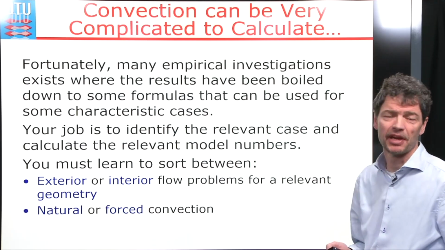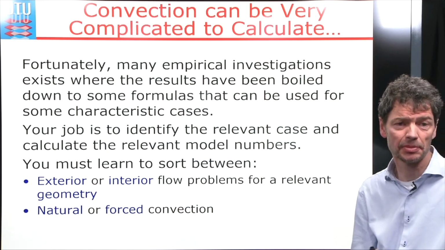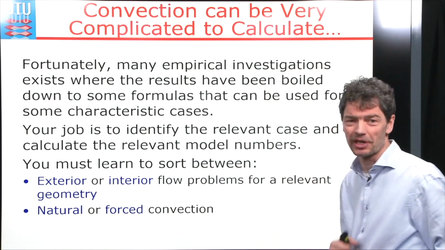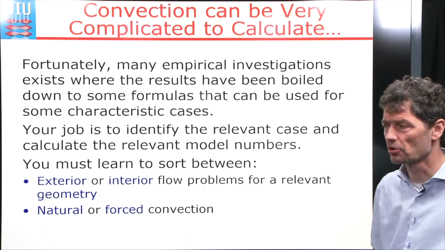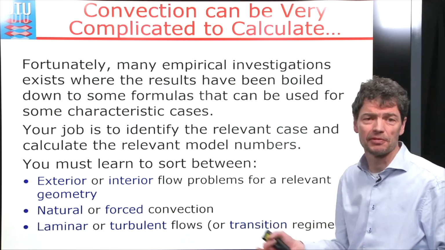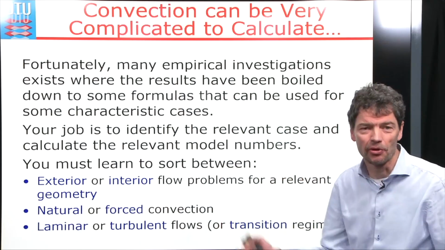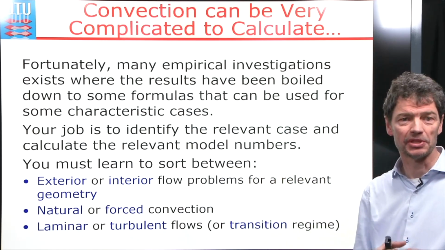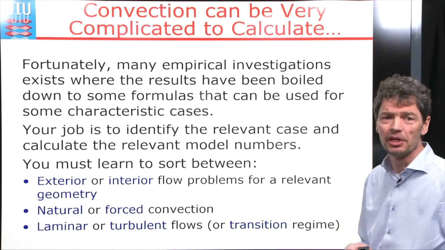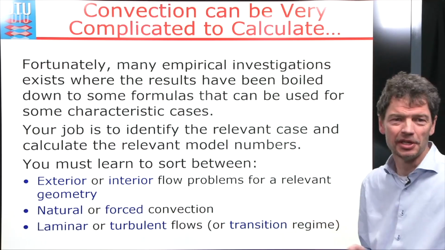Also, the types of convection can either be natural, the temperature-driven ones I just talked about, or forced, where exterior forces caused the motion in the fluid. Then the types of flow can be calm, which we call laminar, or more vigorous, which would be turbulent. We should also consider that, and there's even a transition regime, somewhere in between, if we should be very accurate.